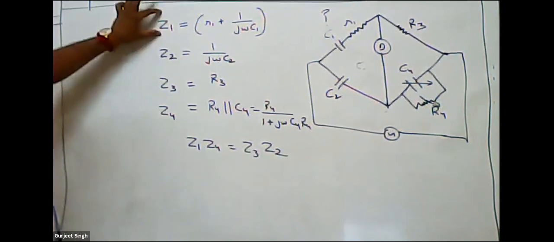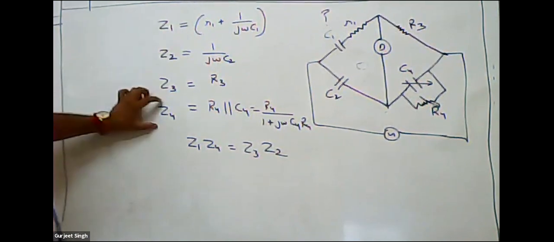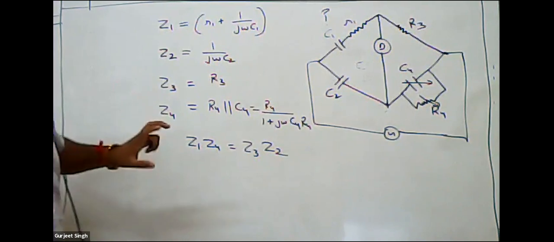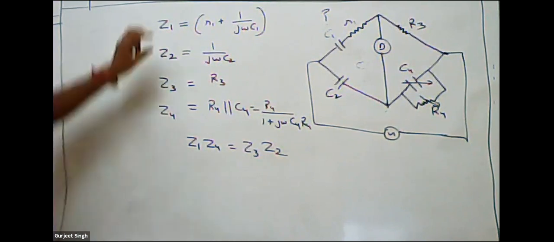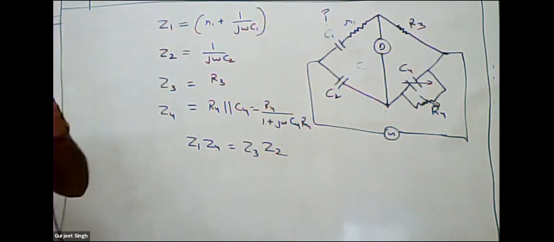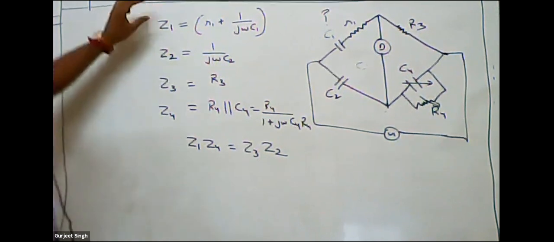So we are getting Z1, Z2, Z3, Z4. We did this in the last lecture also: first of all, find the impedance of each arm.